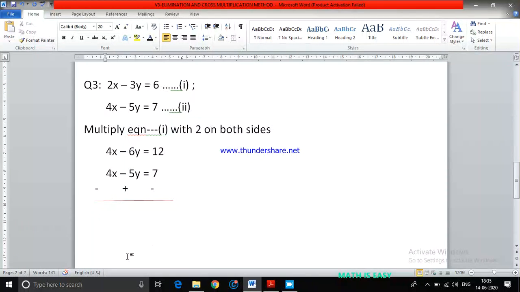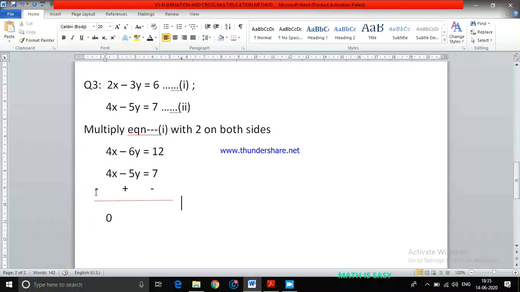Is it clear? Now see what will come if I add. So here plus 4x minus 4x will get cancelled. So I am left with 0. Next here you have minus 6y. And here I have plus 5y. Now signs are changed, okay? Signs are changed because I multiplied with minus on both the sides.